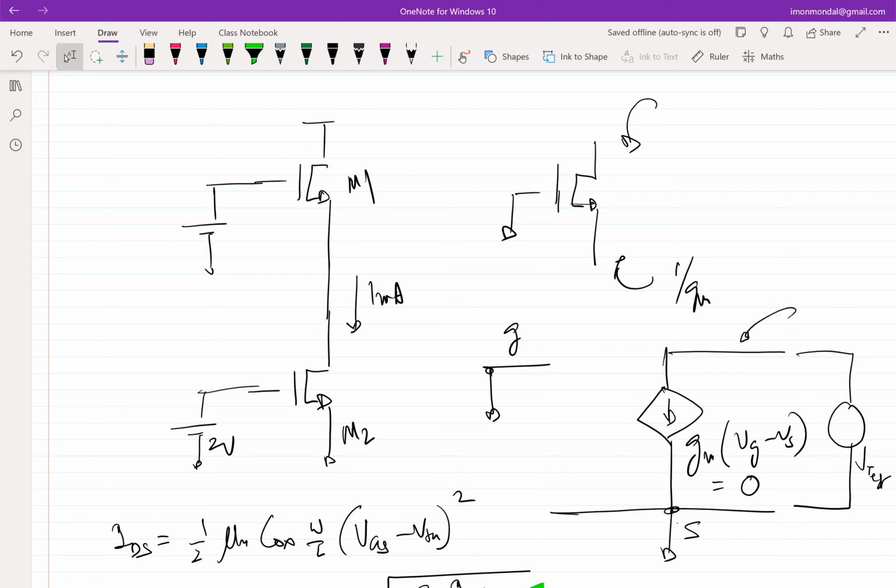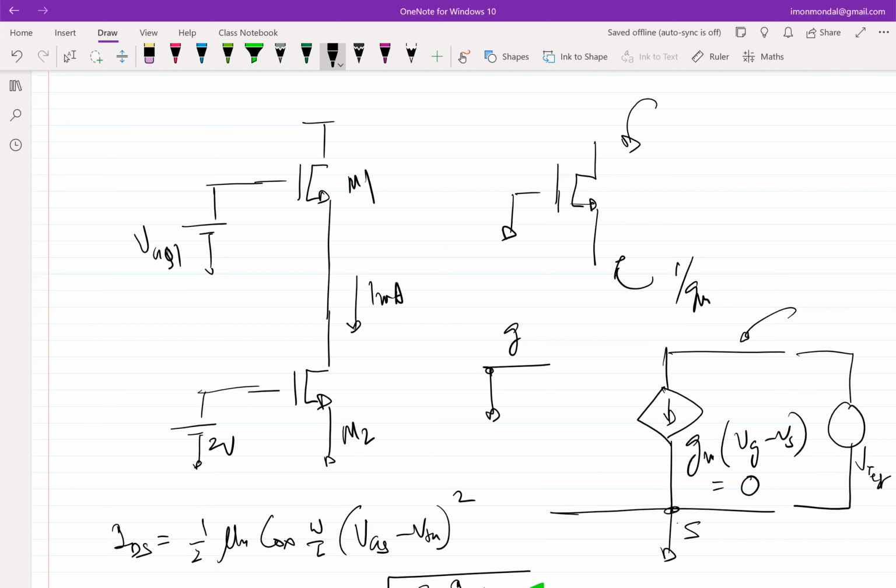So what do you think is going to happen? Let me call this battery VGQ1, and the bottom one is 2 volt. If things are operating properly, which transistor is setting the current in this stack?